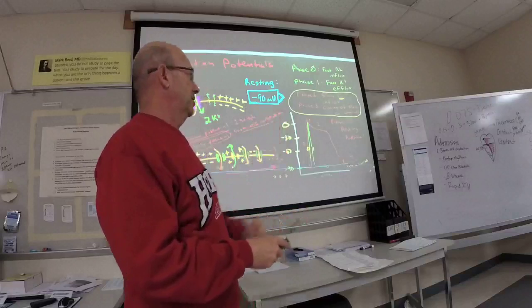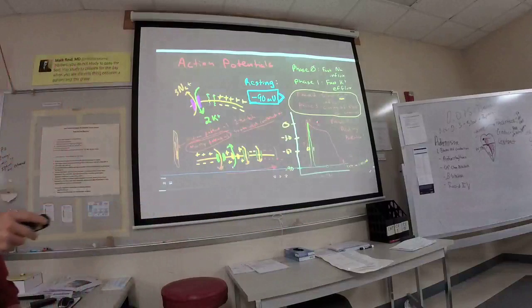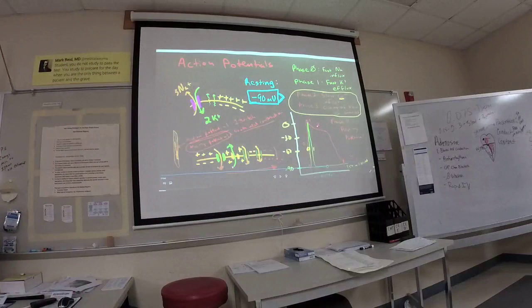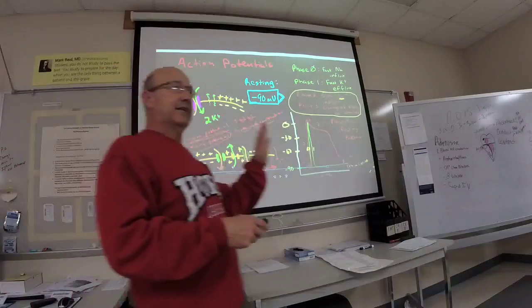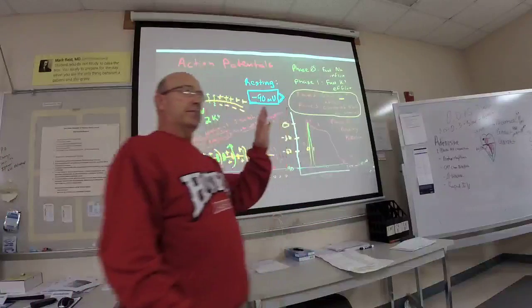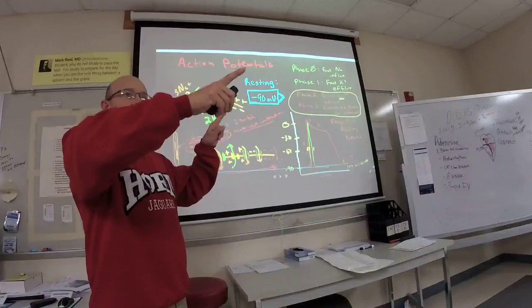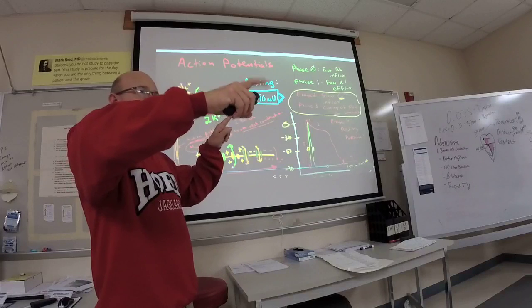Boom, very quick contraction. Over here you have phase 2 and 3, which is sort of combined right here in this slope. 2 and 3 is a slow calcium influx, which is going to make this potential longer, that potential longer here.